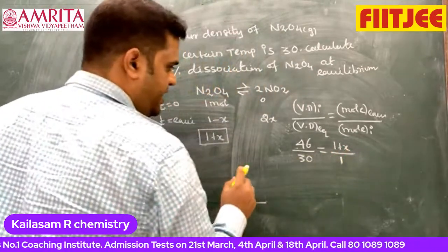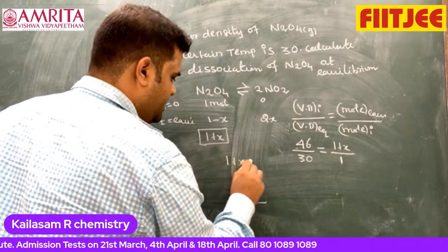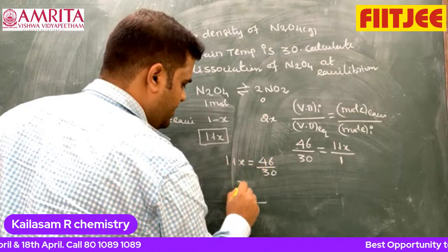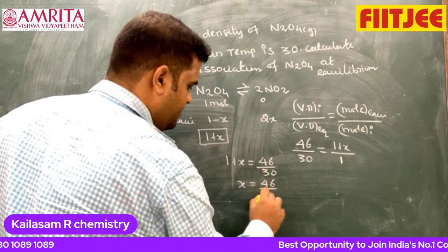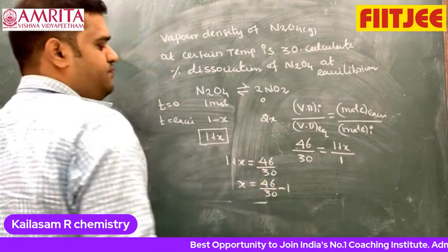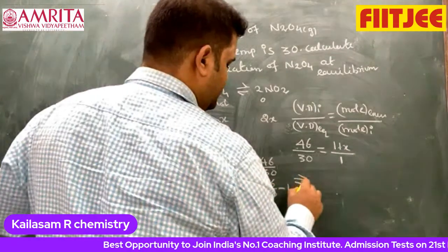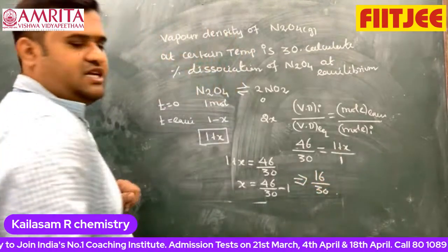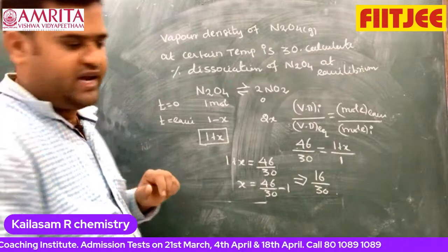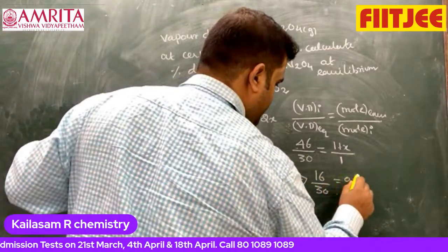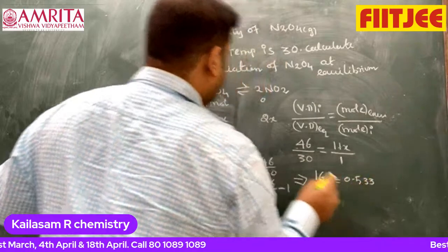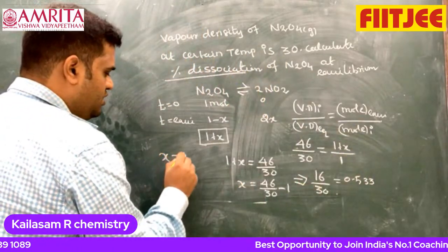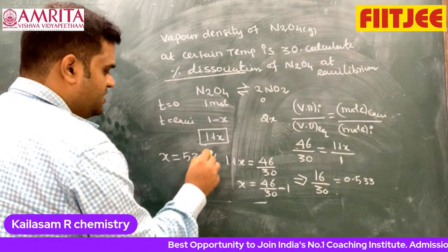Therefore 1 plus x is equal to 46 by 30, so x is equal to 46 by 30 minus 1, which is 16 by 30, or 0.533. They are asking for percentage, so multiplying by 100, x is 53.3%.